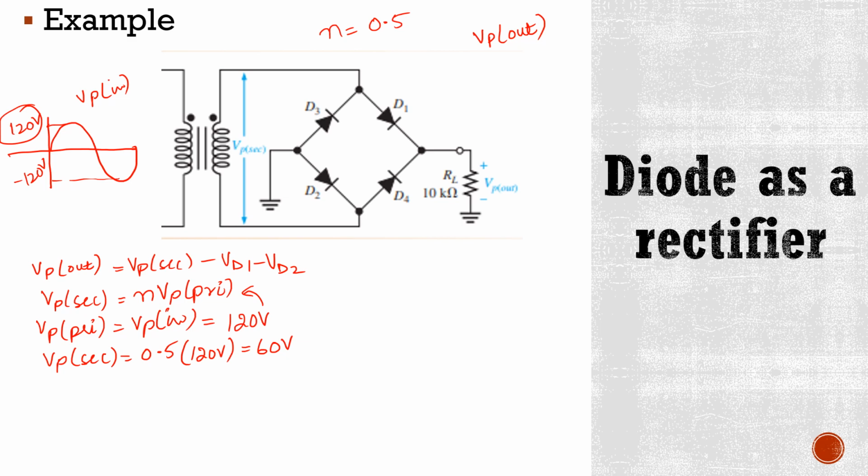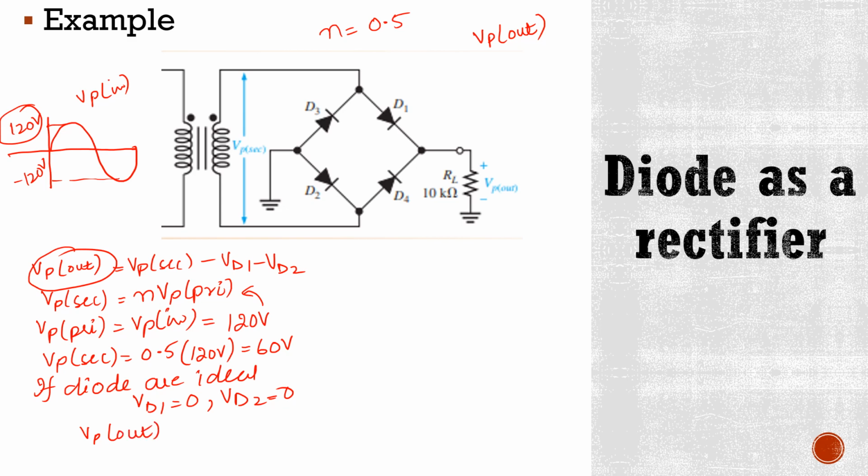Now, what is the peak output voltage if we have ideal diodes? It means in case of ideal diodes, VD1 is 0 and VD2 is 0. It means peak output voltage will be equal to peak secondary voltage, which is equal to 60 volts.